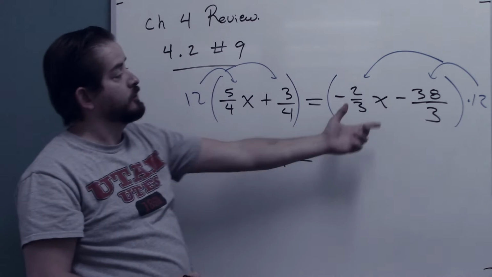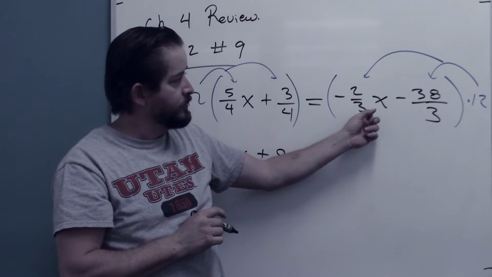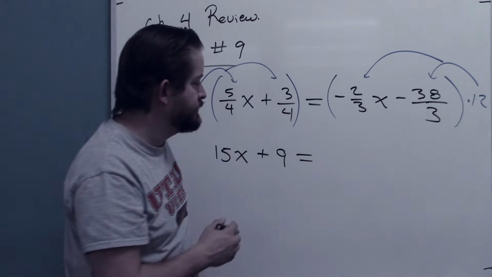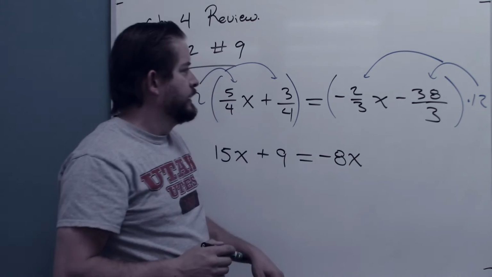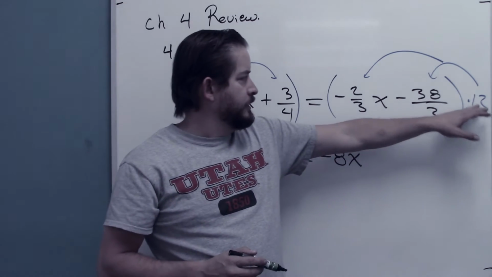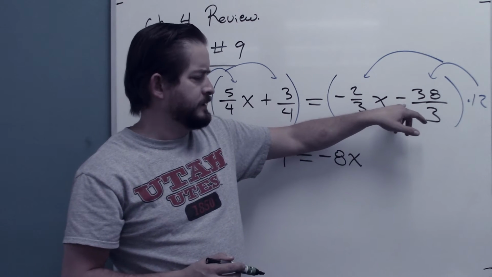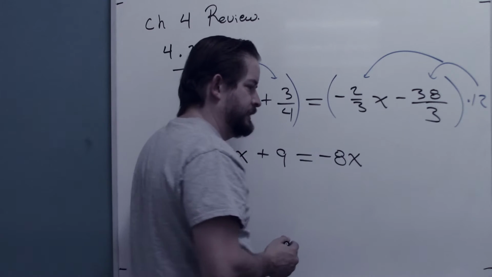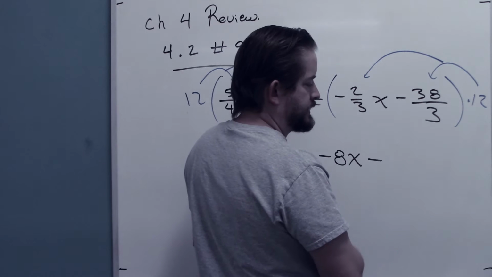On the right hand side, the 12 distributes through, but it simplifies with the 3 to leave me with a 4, so I have negative 2 times 4 is negative 8x. And then the 12 again distributes into here, simplifies with a 3 to leave me with a 4. So I have negative 38 times 4, which is negative 120 plus 32. I just lost count.